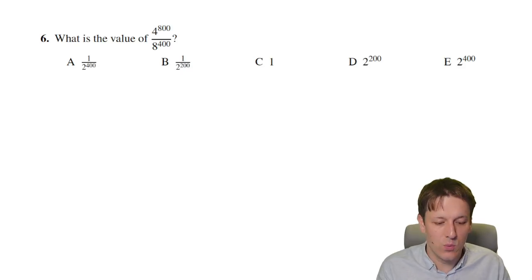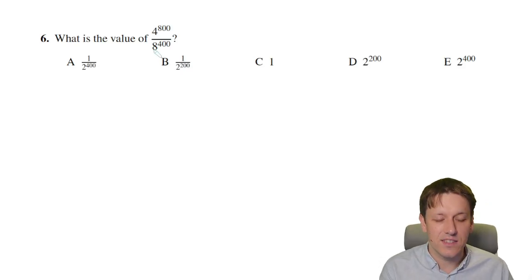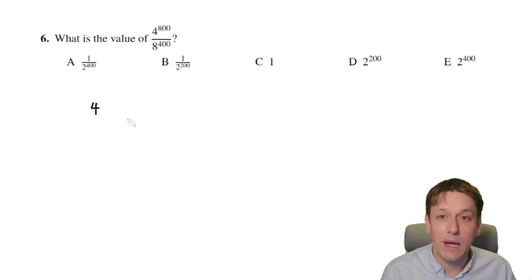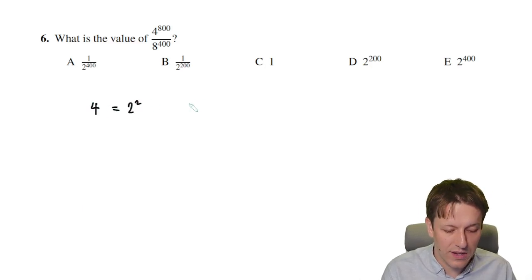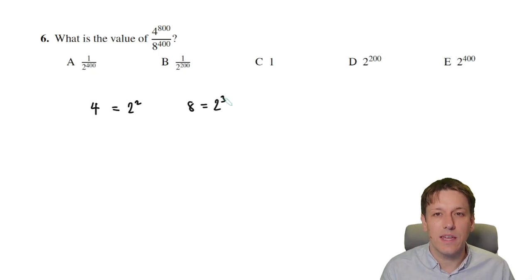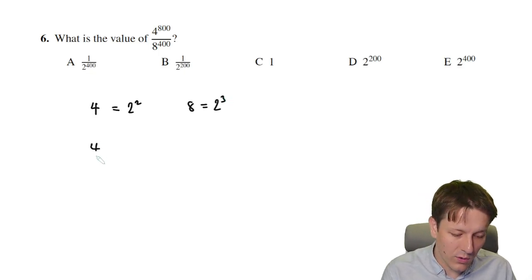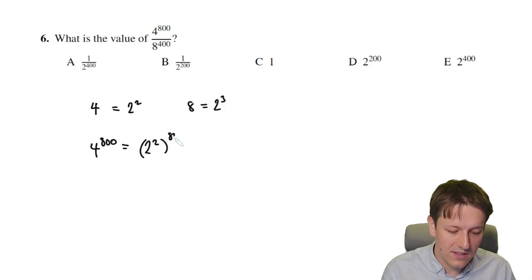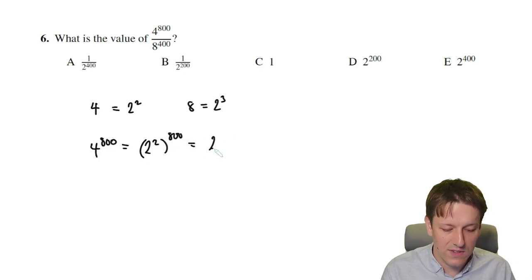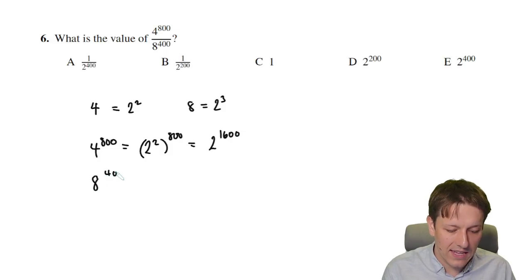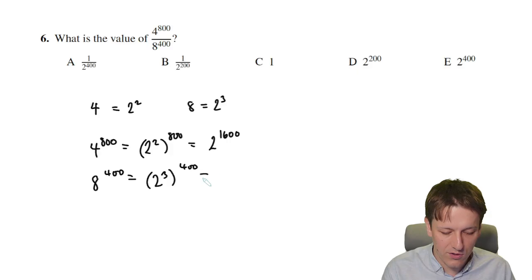So here we've got 4 and 8 as the bases, but they are both powers of 2. So 4 is 2 squared and 8 is 2 cubed. That's really the key way into this problem. So 4 to the 800 then is 2 squared to the 800, and using the rules of indices, that's 2 to the 1600, whereas 8 to the 400, that's going to be 2 cubed to the 400.